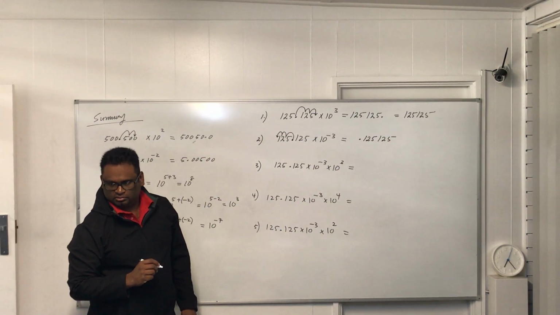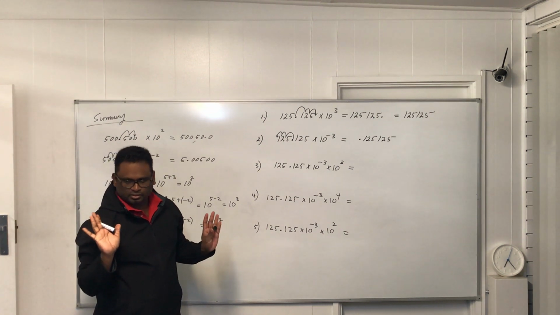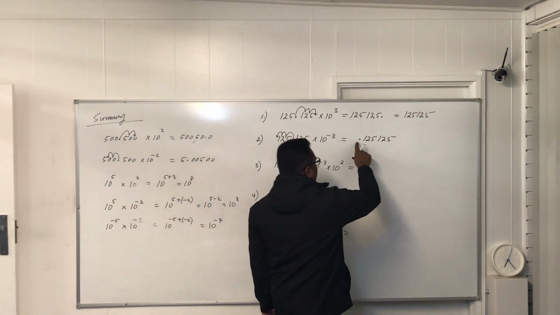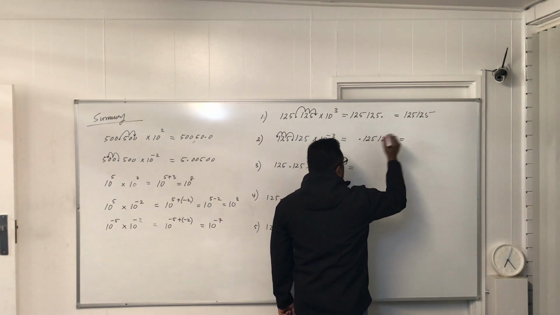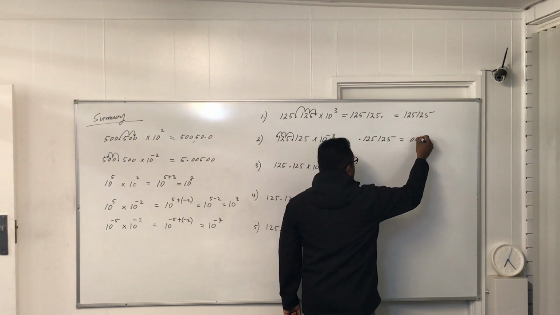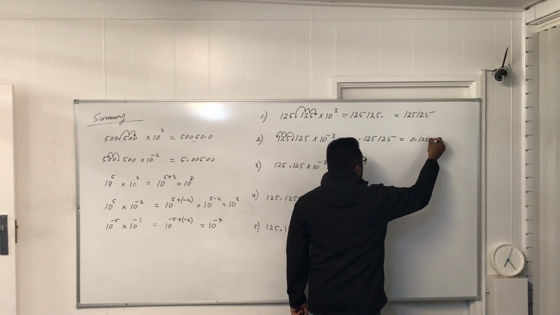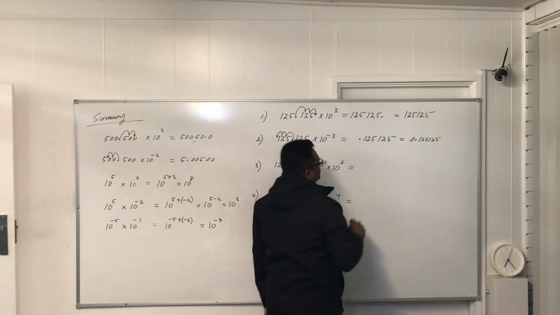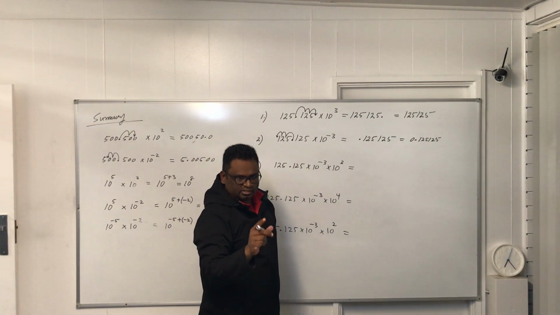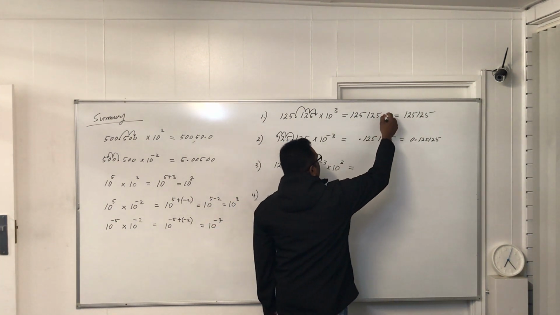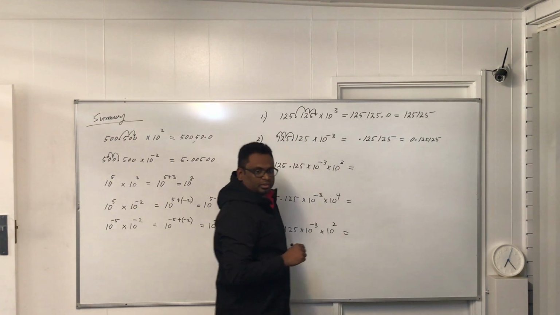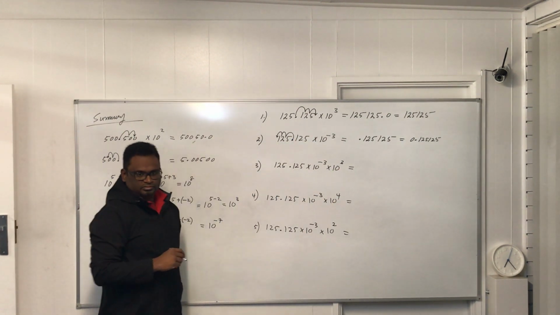All good? So you can leave the answer like that, or you can say 0.125. You can put a 0 there. Likewise, if you have a dot here, you can put a 0 there, no problem.